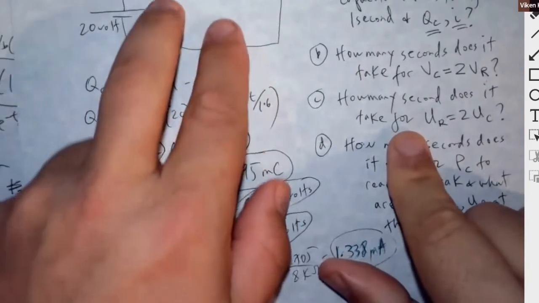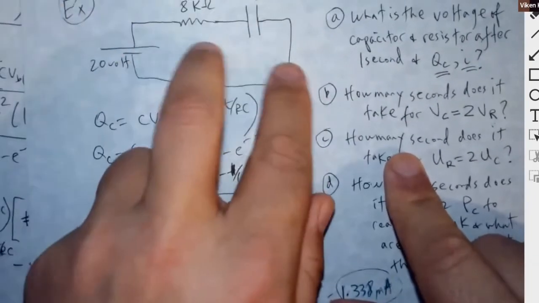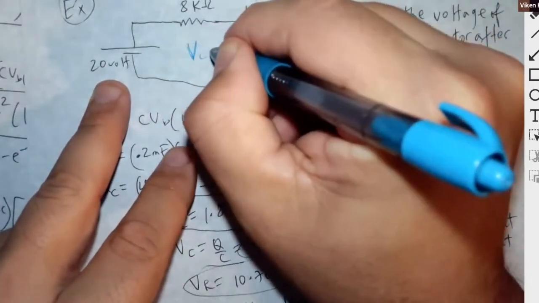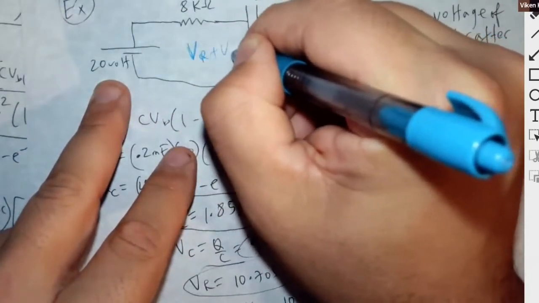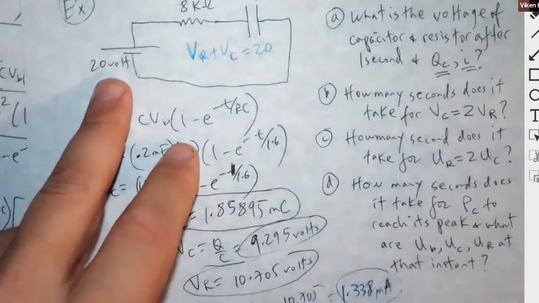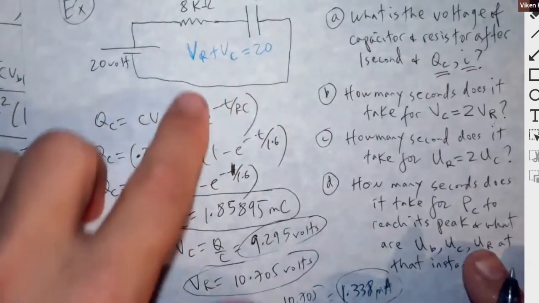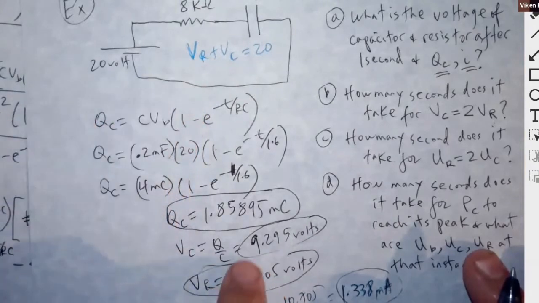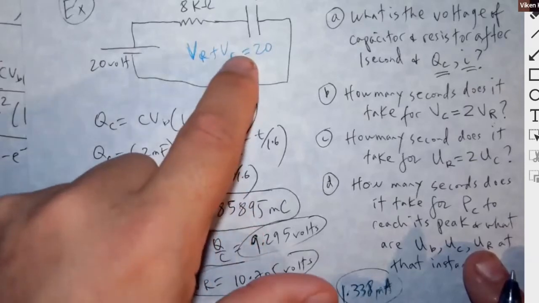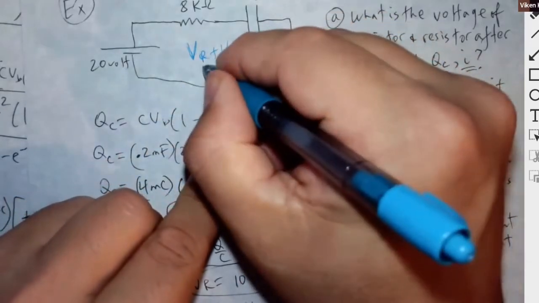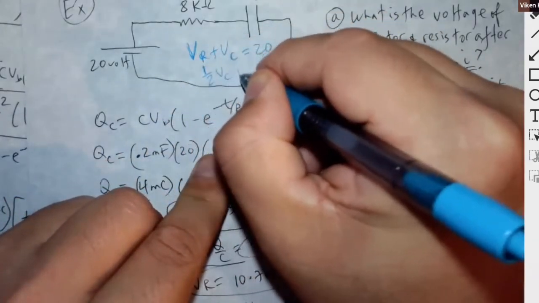Since I know that the two voltages have to add up to 20, the voltage of the resistor plus the voltage of the capacitor is 20. Since I already have an equation for the voltage of the capacitor, I want the voltage of the resistor to be half as much as the voltage of the capacitor.